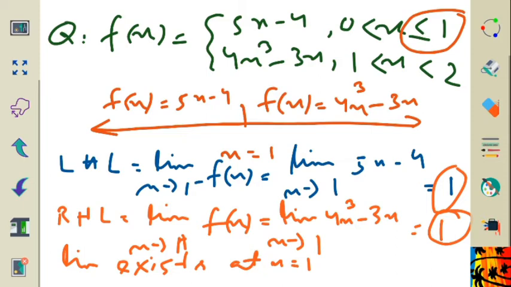But in the competitive exam you will not come across such easy functions. They will be asking regarding special functions like greatest integer function or modulus function or reciprocal functions.